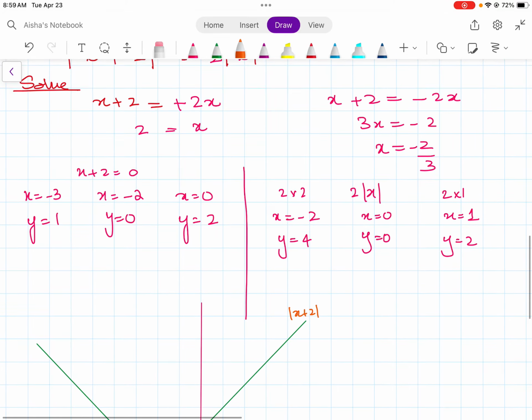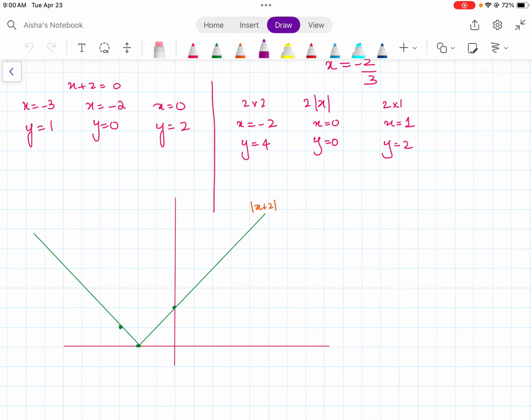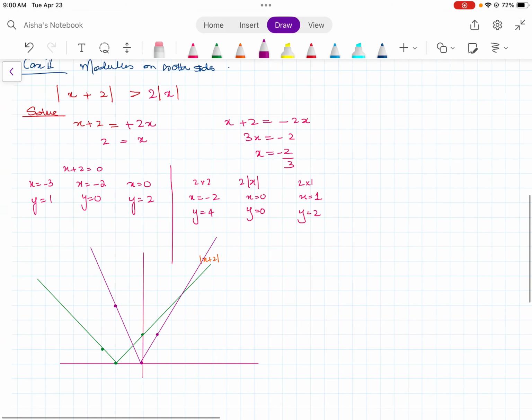Now comes the graph of 2 modulus x. So at minus 2 it is 4, at x 0 y is 0, and then at x 1 it is y 2. Alright, now let's interpret the graph.